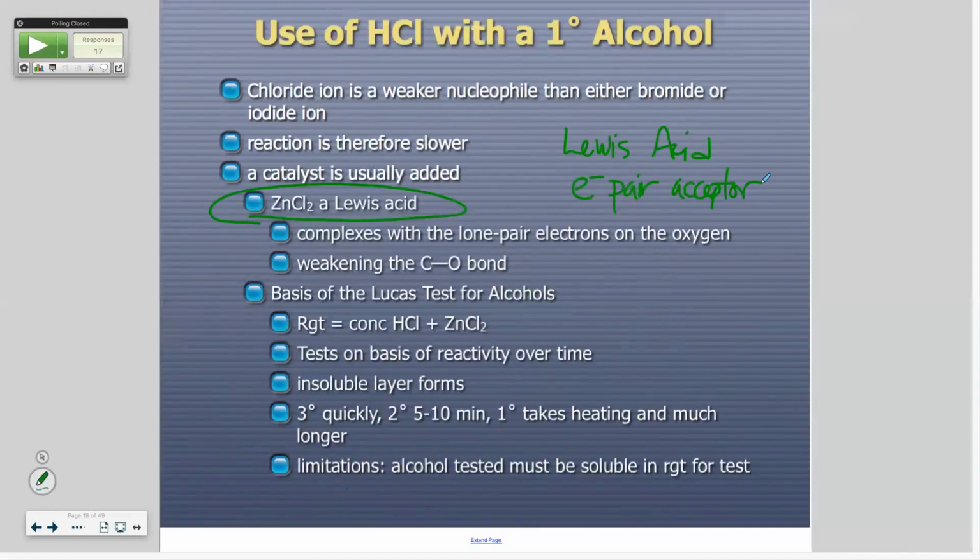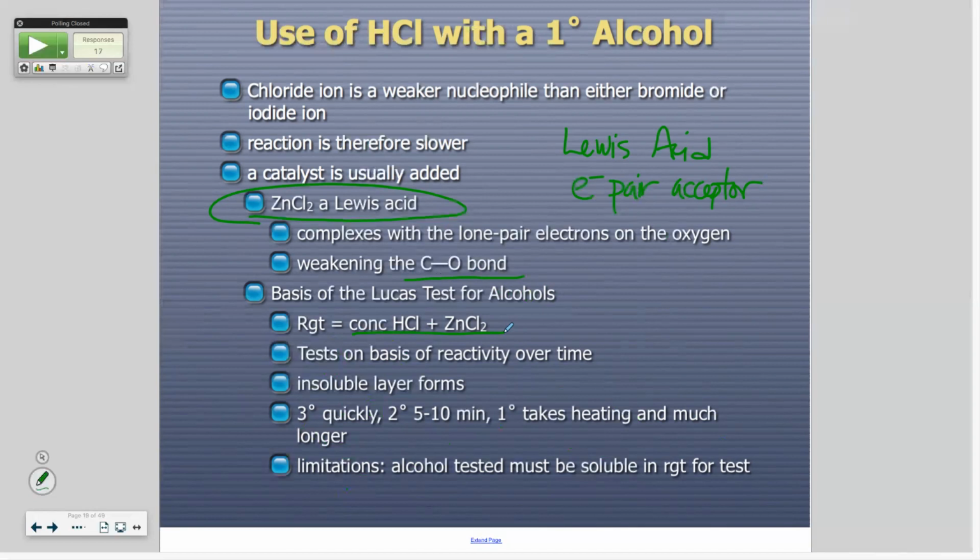Okay, it complexes with the lone pair electrons on the oxygen, weakening the CO bond. This is the basis of a test for alcohols called the Lucas test. What you do is you mix the Lucas reagent, which is concentrated HCl and zinc chloride, and an insoluble layer forms.